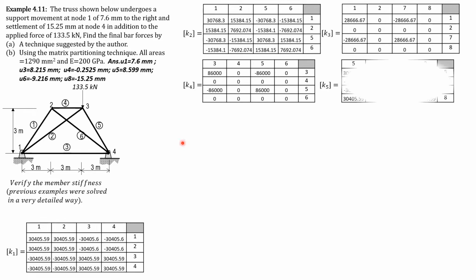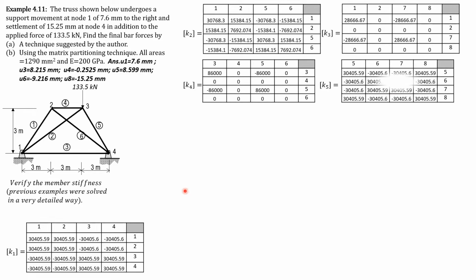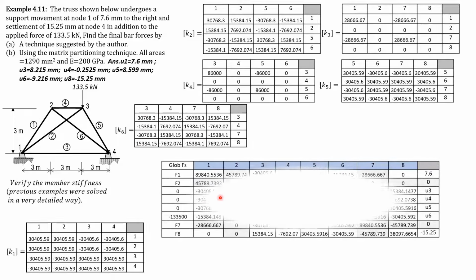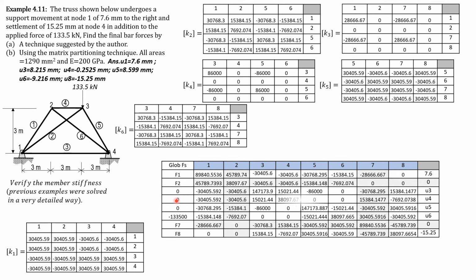So for K5, show that that's the stiffness of number 5. And lastly, number 6, 2 to 4, that's 3, 4, 7, 8. So verify that this is the stiffness of number 6. And this is the global stiffness matrix.